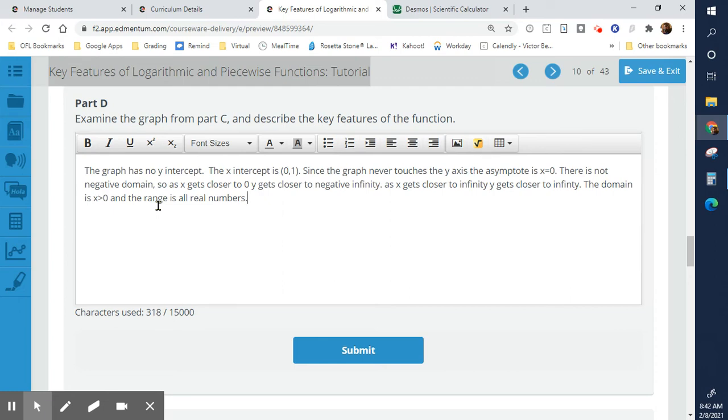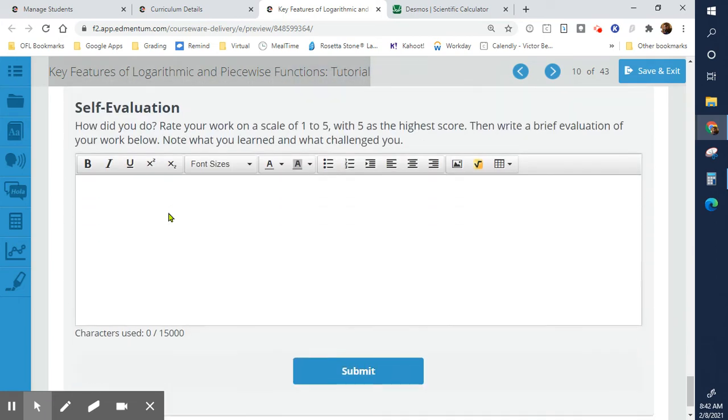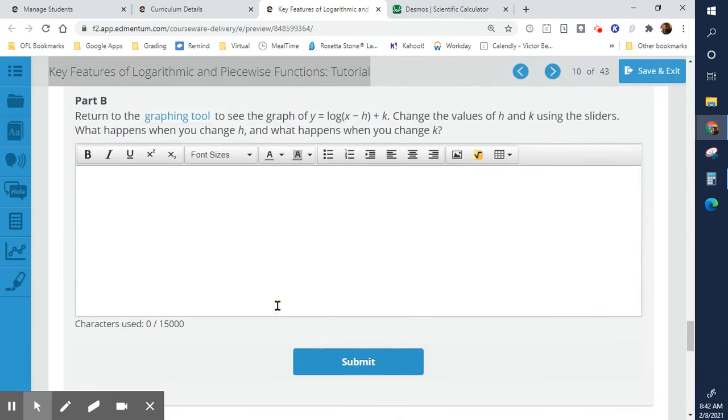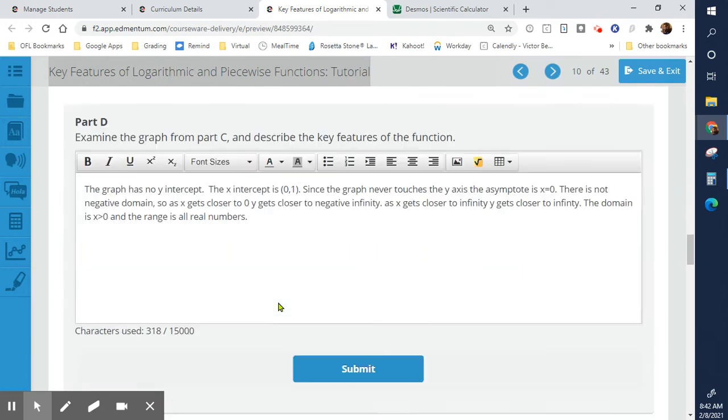The only thing I'm going to add, since I forgot to add it in the other one, and I'm definitely going to write that in my self-evaluation for the first graph, I forgot to write about increasing and decreasing. So this is another way for you guys to reflect on your knowledge and your evaluation: as you make mistakes, start including it in there.